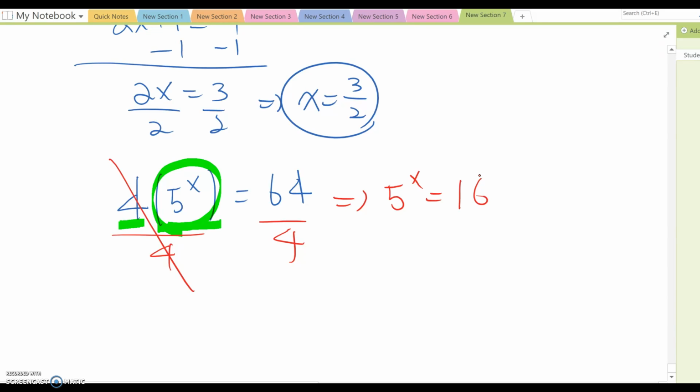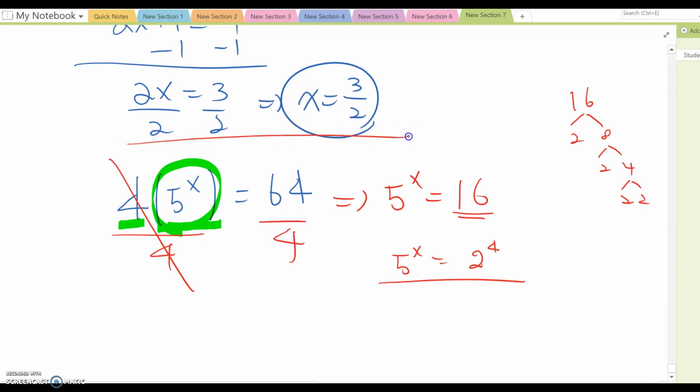Now, if we find its prime factorization, 16 means 2 times 8, 2 times 4, 2 times 2, which is 2 to the 4th power. So it doesn't match the base value, and we cannot apply the concept which we used before.